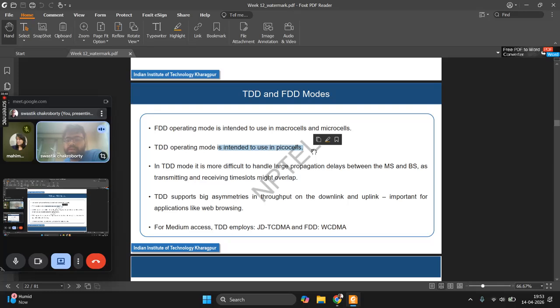In TDD mode, it is more difficult to handle large propagation delays between mobile station and base station, as receiving and transmitting time slots might overlap.